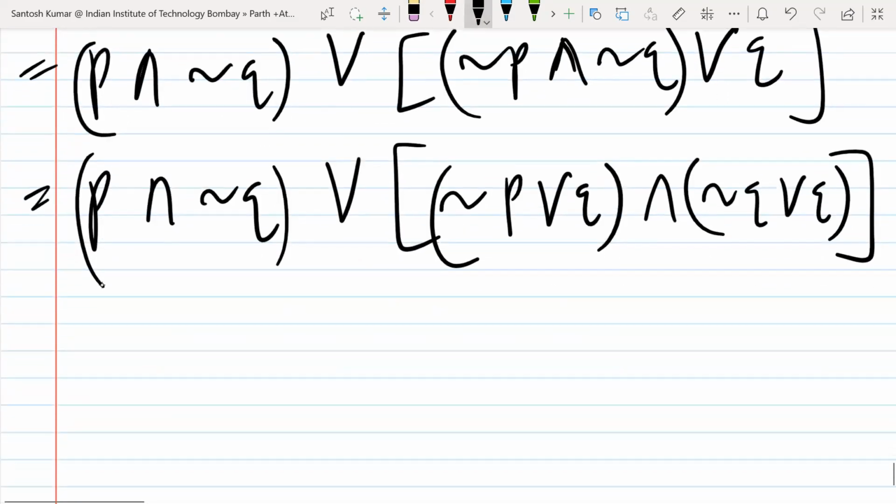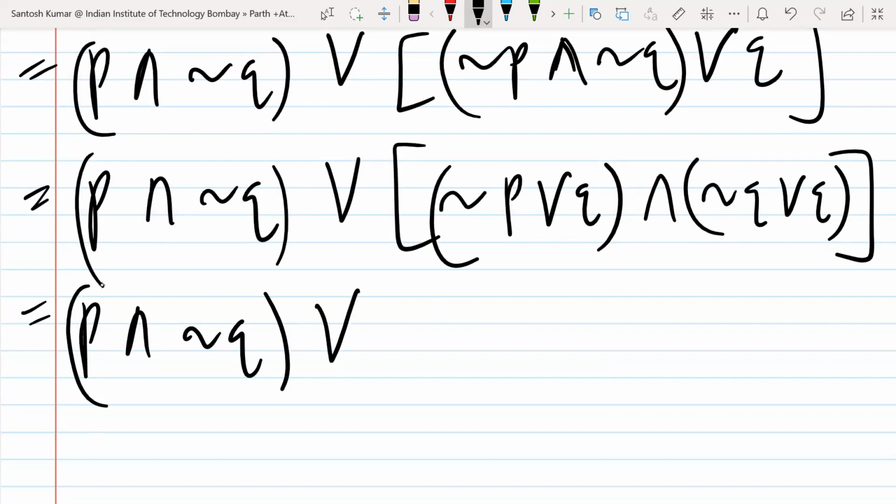Now, P and not Q, or see here, not Q or Q. If Q is true, not Q is false, or if Q is false, not Q is true. So one of them is going to be true and the other false. So what happens?